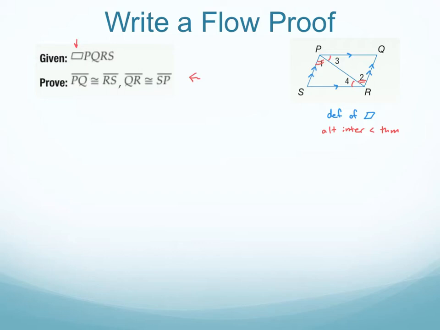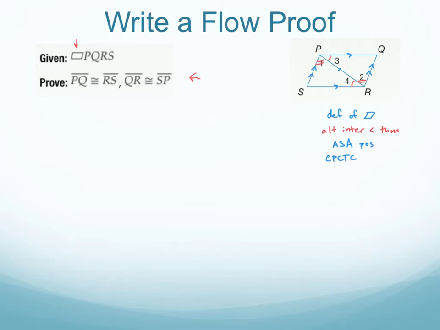Well, already I have two pairs of congruent angles, and then that side in the middle is congruent to itself. So yes, I can prove those two triangles congruent, and it'll be because of the angle side angle postulate. Then, as I said, we could use CPCTC to prove the sides are congruent to each other. All right, that's our logic.